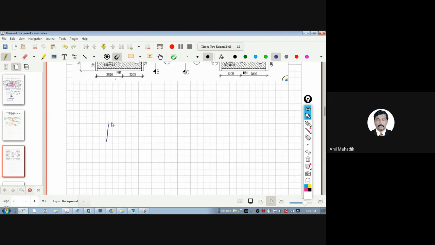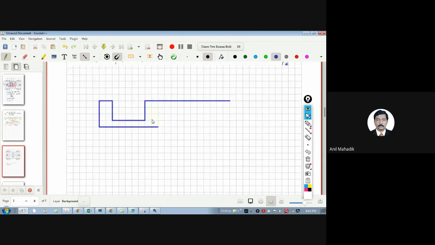So you can see here, your S2 is like this. And your, what is its name? S1.